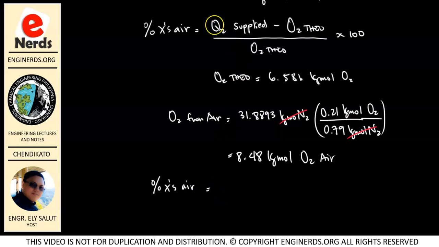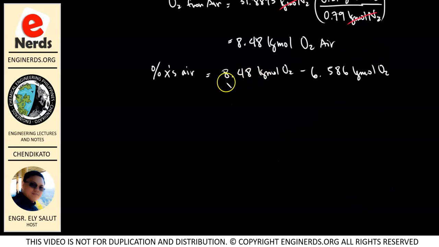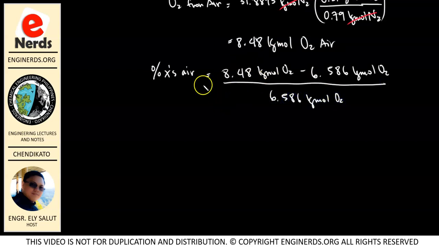So, ang formula natin, O2 supplied, which is the O2 from air, which is 8.48 kilogram mole of O2, minus the O2 theoretical, which is 6.586 kilogram mole ng O2, divided by yung theoretical O2. So, divided by 6.586 kilogram mole of O2. So, therefore, our percent excess air, okay, so this will be multiplied to 100. Natin pwedeng kalimutan.